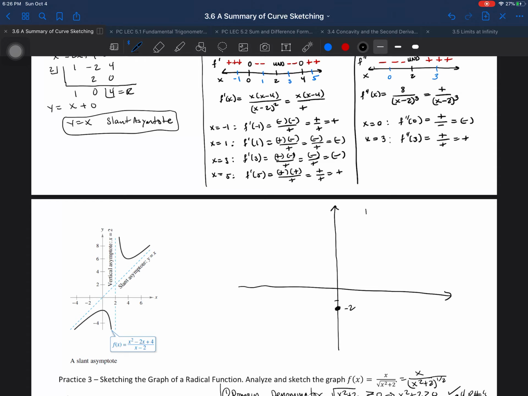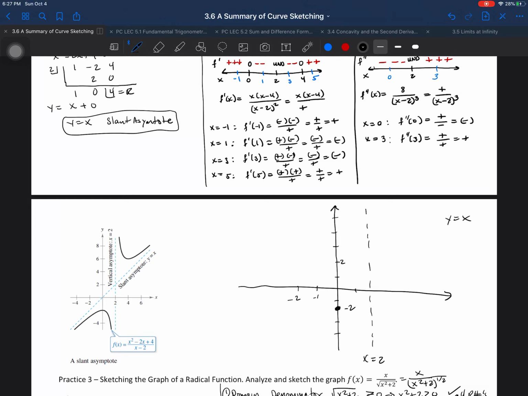Now we also have a vertical asymptote at x equals 2. And then we also have a slant asymptote that is diagonal. It actually behaves like y equals x, right?